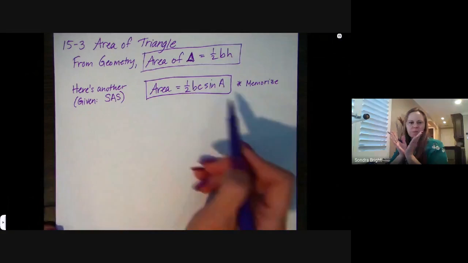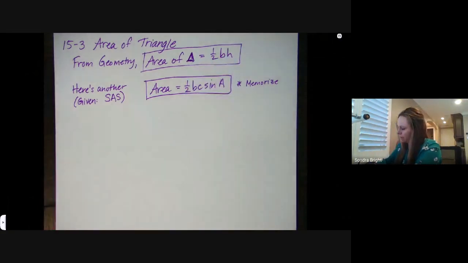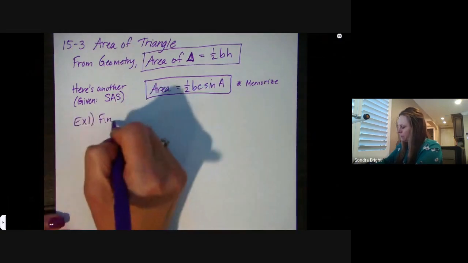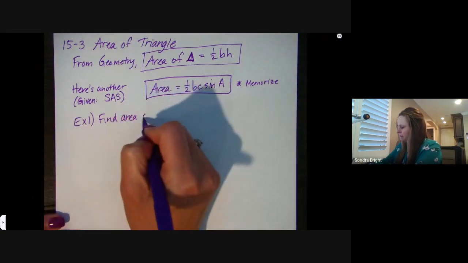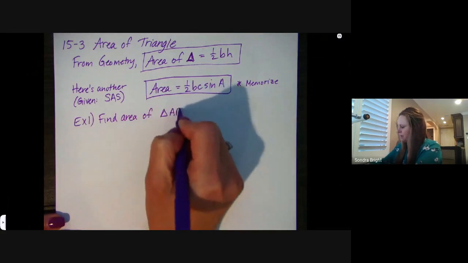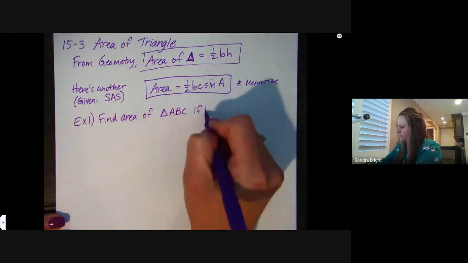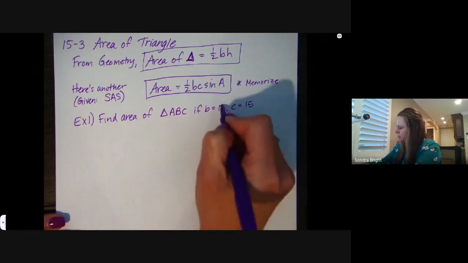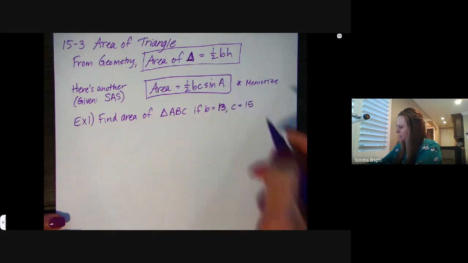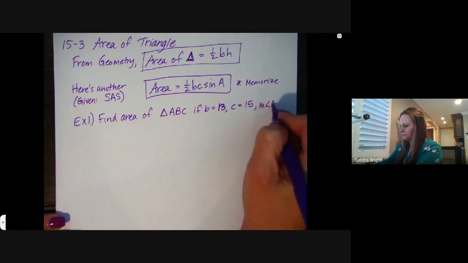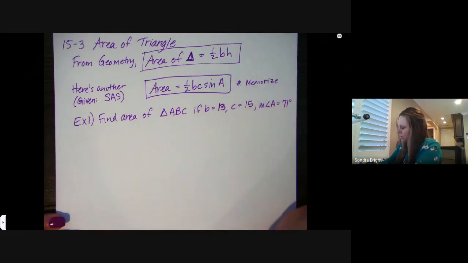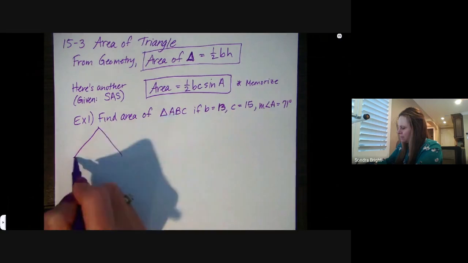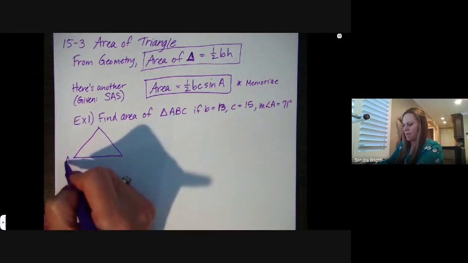So let's do an example of that one. Let's find the area of triangle ABC. If side B is 13, side C is 15, and the measure of angle A is 71 degrees. I like to draw the picture to see what I've been given. I'll label the angles A, B, C going around this way, not that it matters.